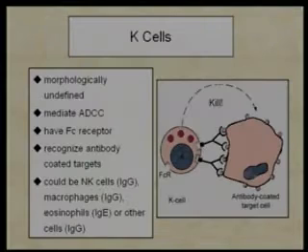All right, and finally, the K cells. These are the other killer cells. The K cell simply stands for killer cell. Now, these are not a unique morphologically defined cell. In fact, there are a number of different cells that can have killer cell activity. So there's not a morphological definition. A killer cell is any cell that is able to mediate a process called ADCC.